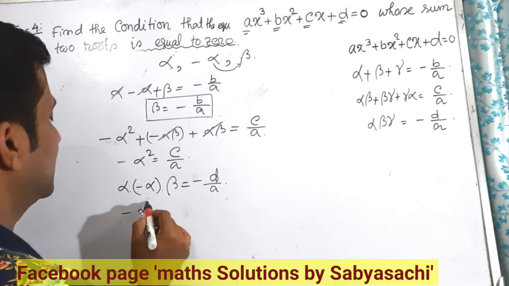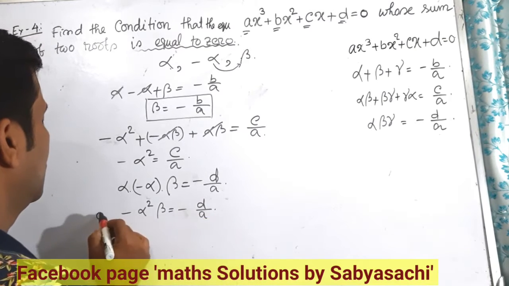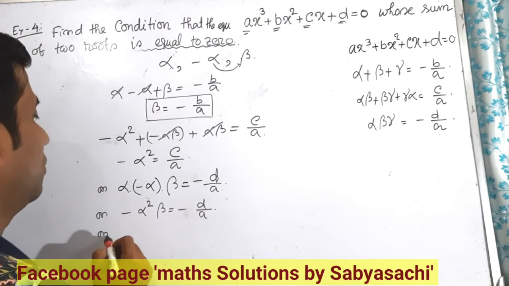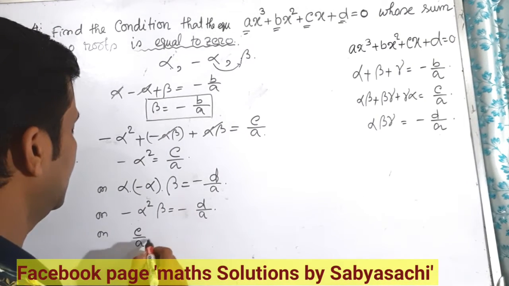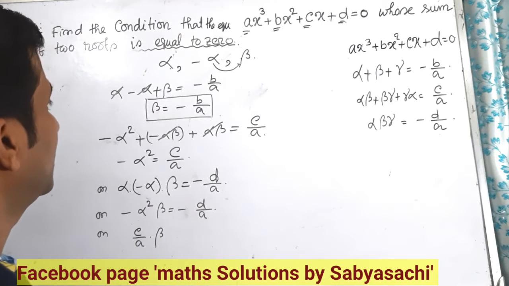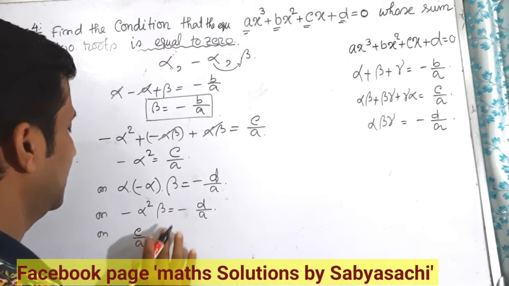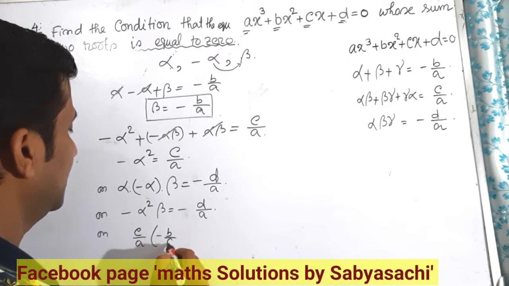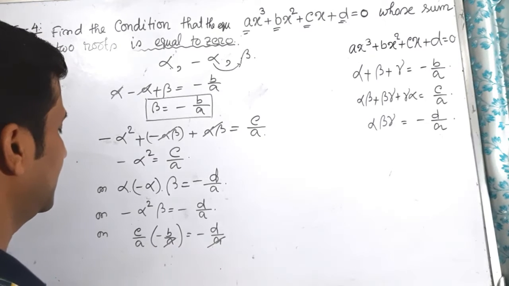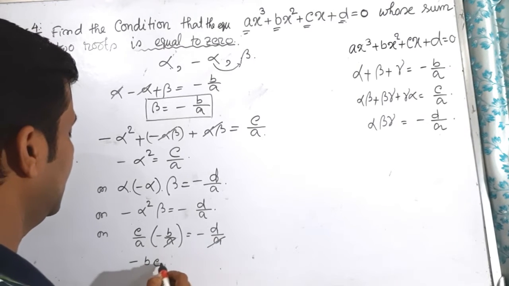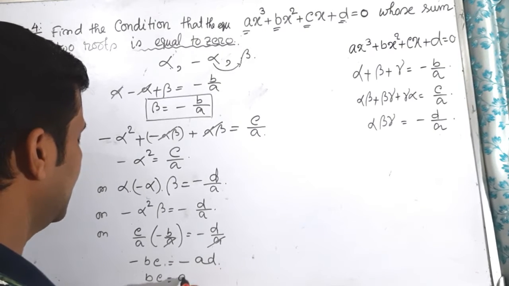That means minus alpha square beta is equal to minus d by a, or minus alpha square means c by a into beta. Beta means minus b by a, then minus b by a is equal to minus d by a, then cancelling we get minus b by c is equal to minus a by d. That means bc is equal to ad.